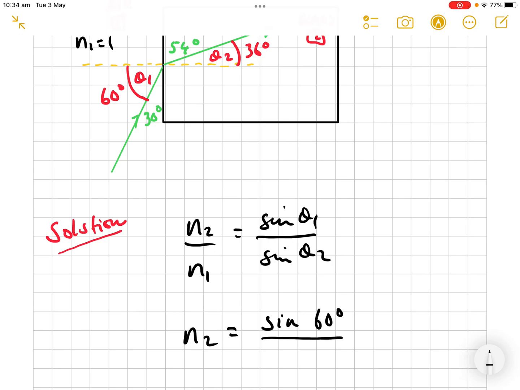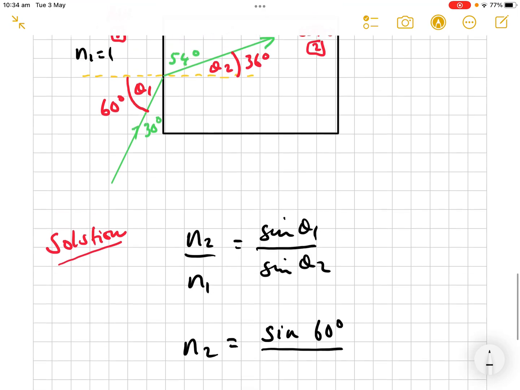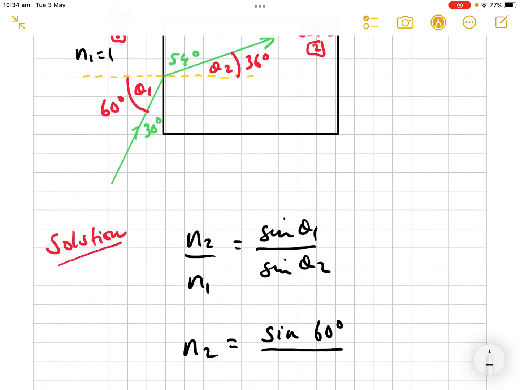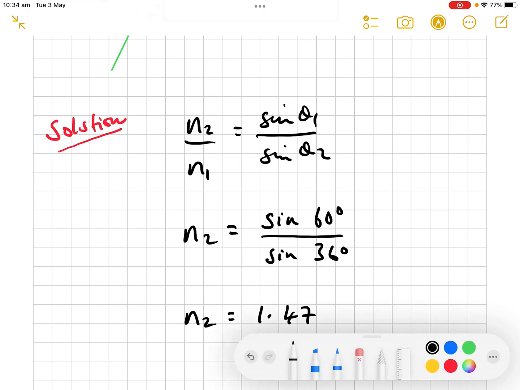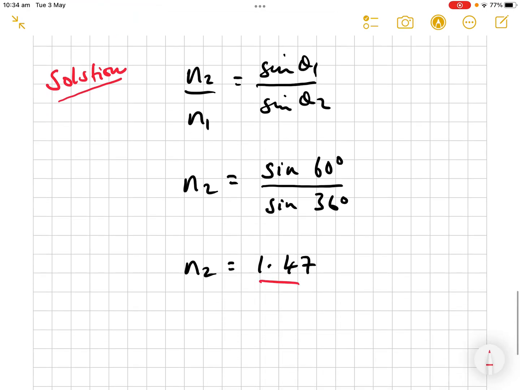Make sure you get the angles the right way round. And then sine of theta 2 is the sine of 36. And when you work that out, you'll get a refractive index of 1.47 in this case.